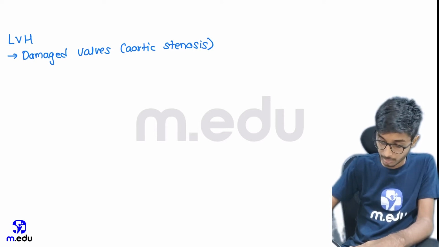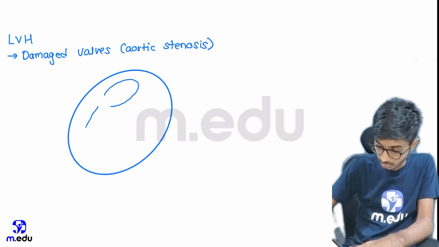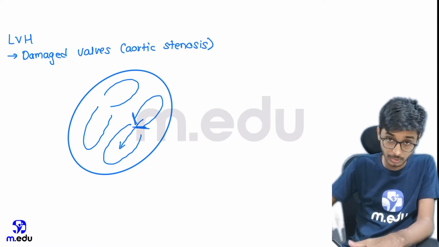So what happens basically is, if you consider this as a heart, and we consider that the valves are over here, when these get damaged, it results in the increased filling of the left ventricle.